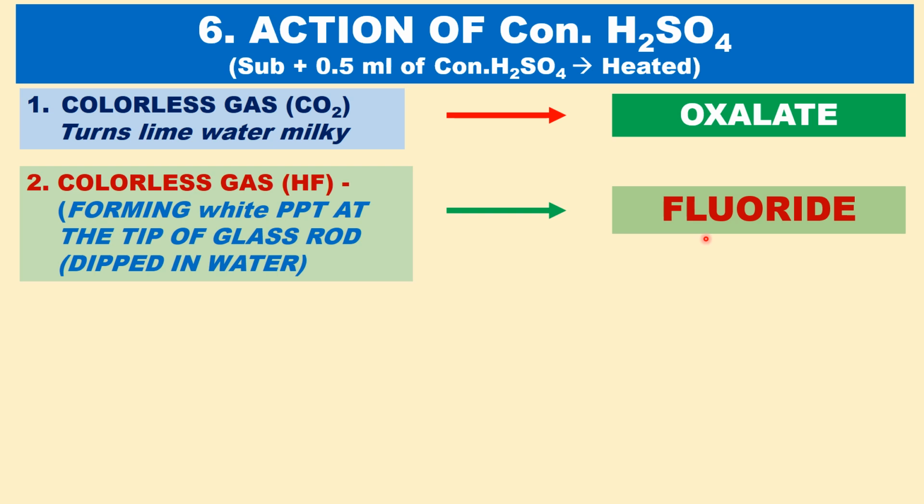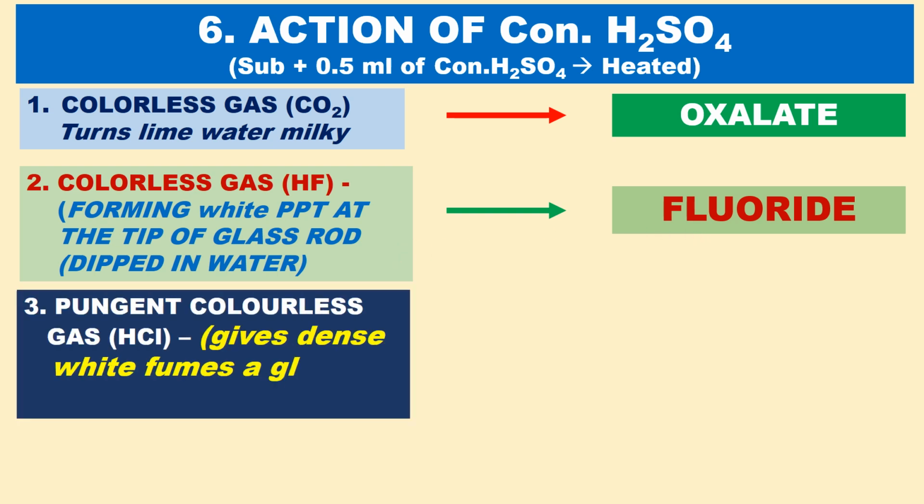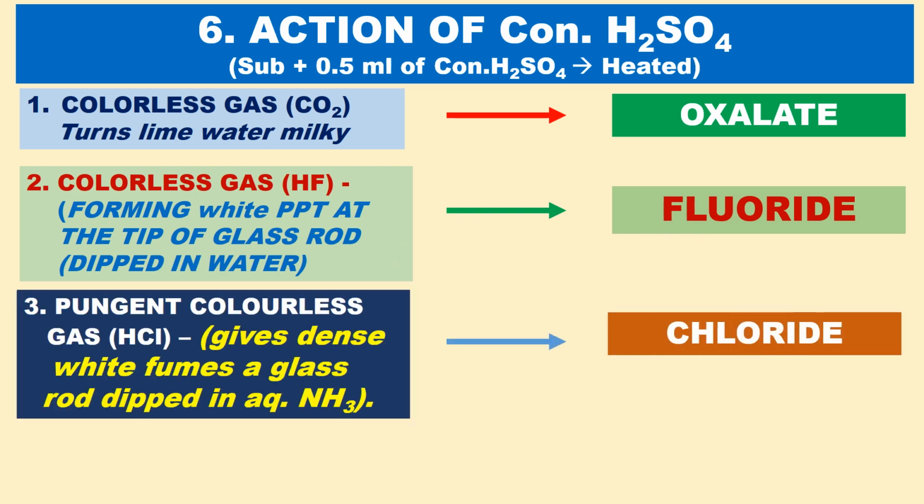Now, if chloride is present, when you add concentrated sulfuric acid, HCl is produced, like HF. In this case, take a glass rod, dip it in aqueous ammonia and place it at the mouth of the test tube where the HCl gas is coming out.